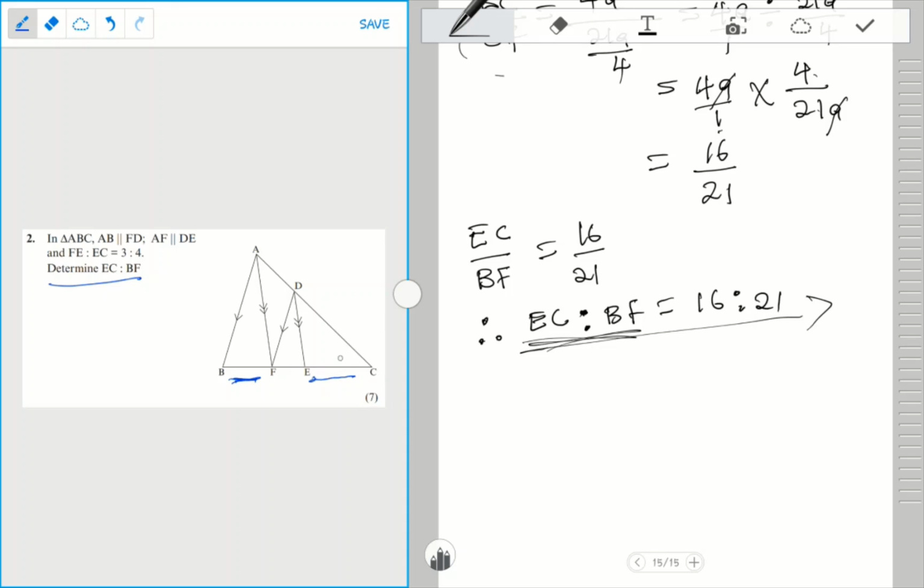Already we had this one as 4A, and we tried to calculate this one and that one. I hope I've made myself clear on that one.